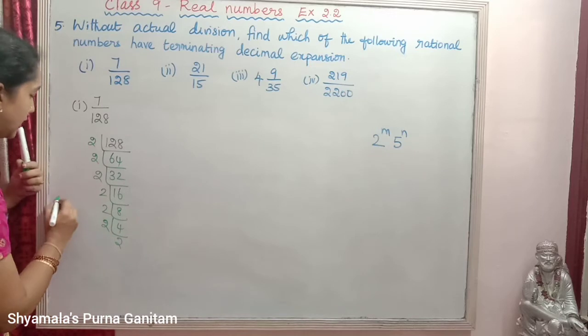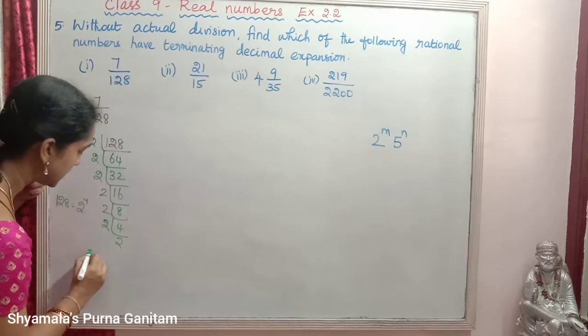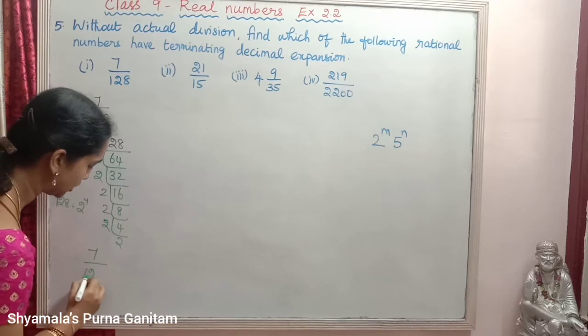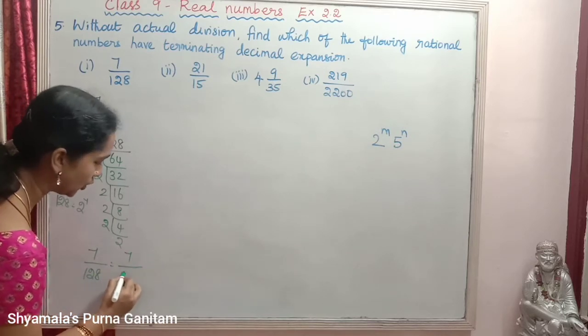So we can write 128 as 2 power 7. So 7 by 128 is equal to 7 by 2 power 7.